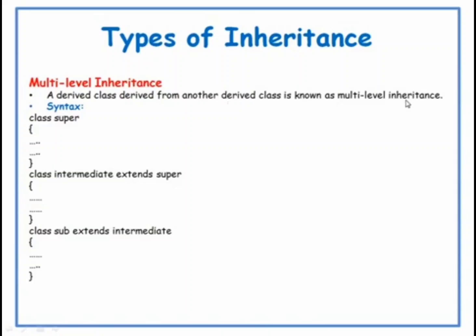Here we are using more than one extends keyword. Intermediate extends the superclass and Sub extends Intermediate. These are the two levels, so it is called multi-level inheritance.